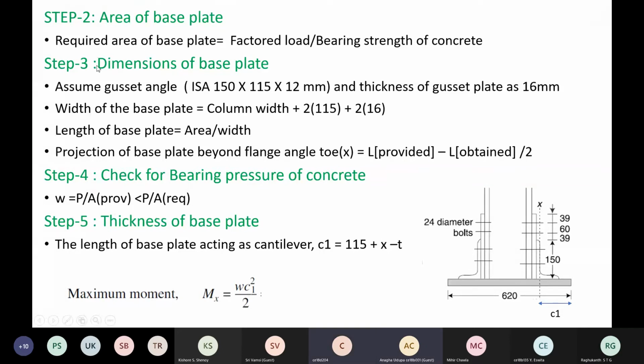Yes. The P by A required is already known: it is 0.45 times 15, so it will be 6.75. So 6.68 is less than 6.75, so it is fine. Now we'll move to the next step, thickness of base plate. Everybody got P by A provided as 6.68.